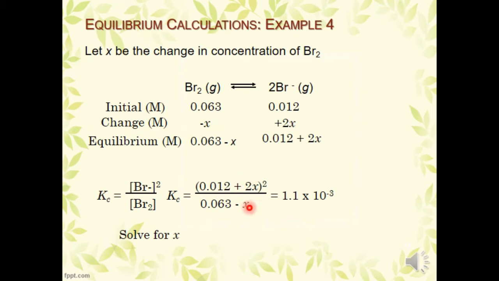Note that in the denominator we have minus x. So when we expand this expression, we will get ax squared plus bx plus c, so it will look like that. To solve this, we might need to use the quadratic formula.